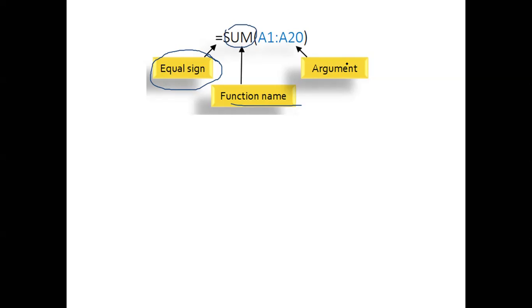So these 2 arguments are what is going to provide us with the ultimate product when we add them and come up with a sum. So this is an example of how a function should look.